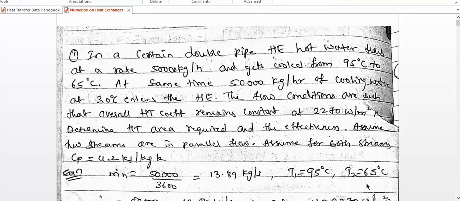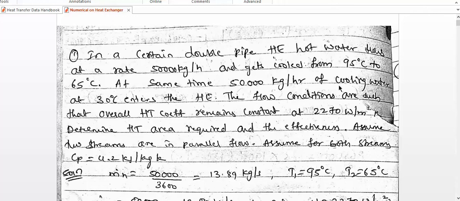Always remember that as the hot fluid flows through the heat exchanger, its temperature decreases. That's why the initial temperature of the hot fluid is 95 degrees Celsius, and as it passes through the heat exchanger its temperature gradually decreases, so the exit temperature is 65 degrees Celsius.